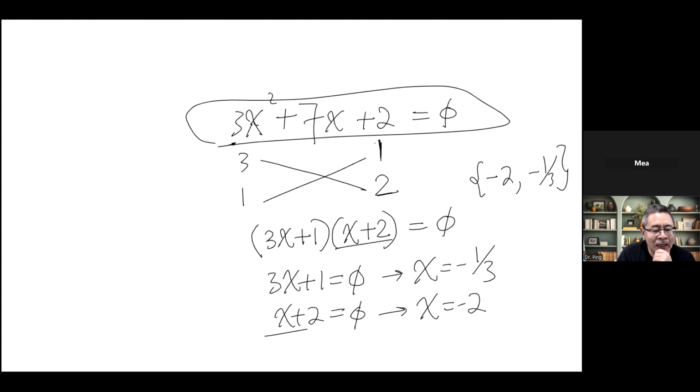Okay, let's try 2x squared plus 5x minus 12 equal to 0.